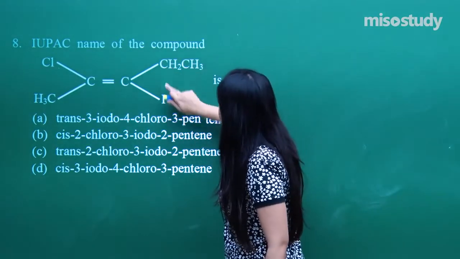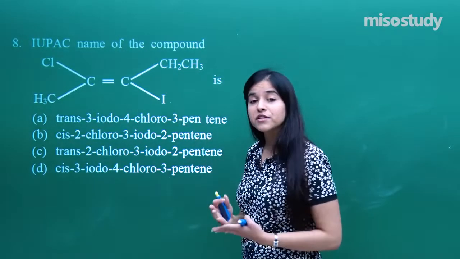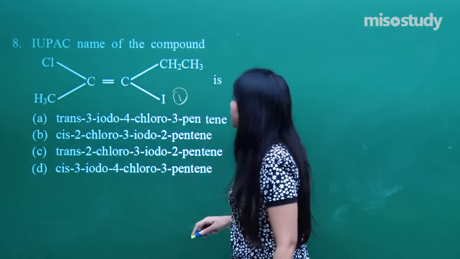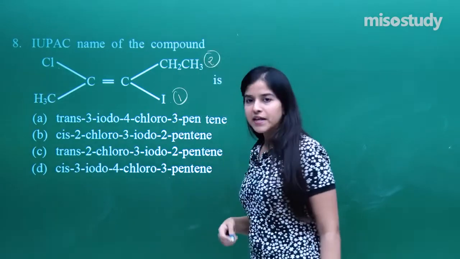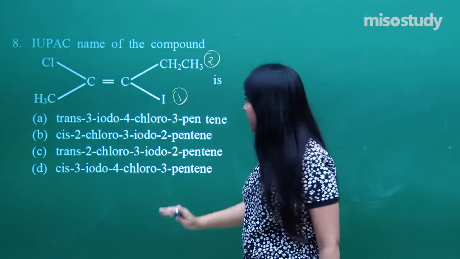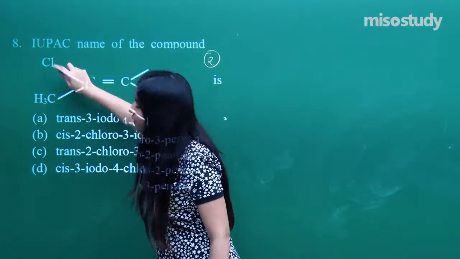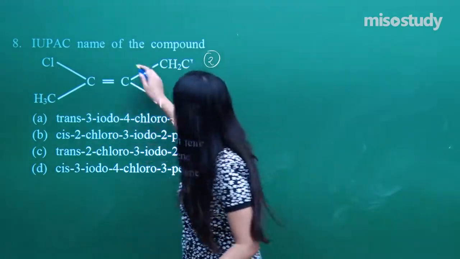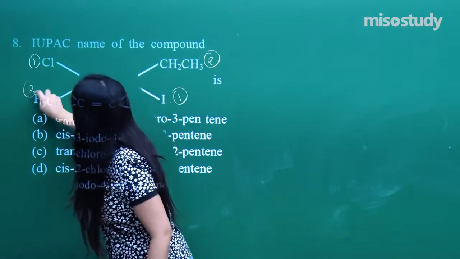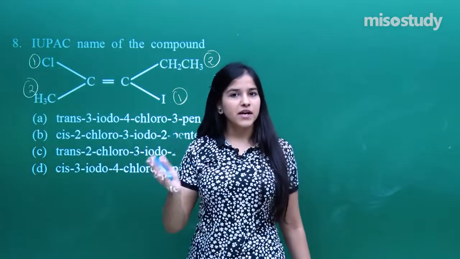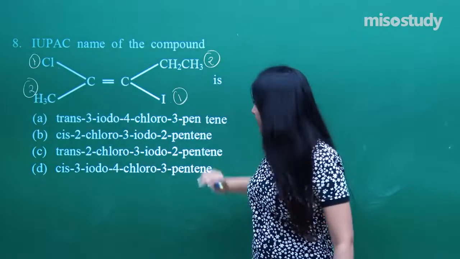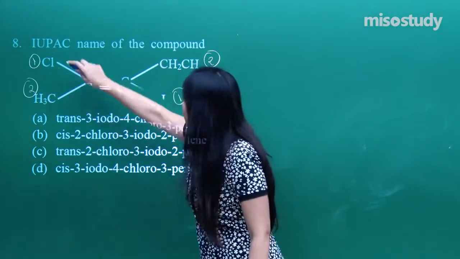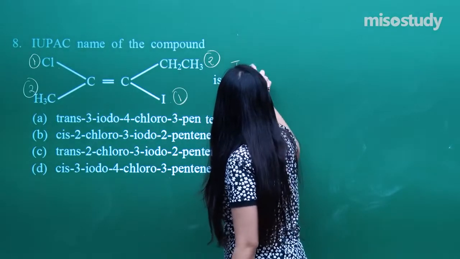Out of the two, it is very much evident that I need to assign priority 1 to this iodine and 2 to this ethyl, super clear to you. Out of carbon and chlorine, again chlorine will be on the higher side, that means priority 1, 2. Instead of E and Z, I could have mentioned trans and cis as well, so that is also correct. Let's move on to the options now. This is nothing but a trans first.